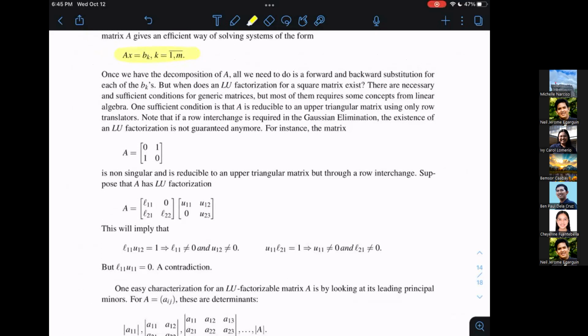Pero I think I can give you as reading assignment pages 14 to 18. Oo nga eh. So problema ko yan, Ben Paul. Masyado akong detailed mag-discuss. And that is sometimes a disadvantage. I don't know if that's a disadvantage for you guys.